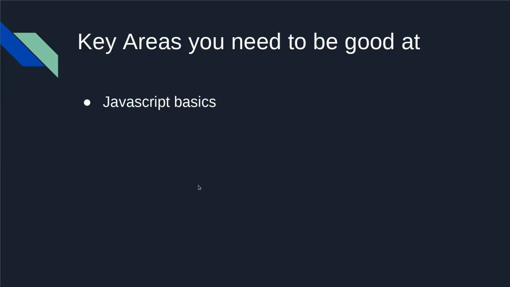So key areas that you need to be good at when you're starting on JavaScript, like you want to build front-end applications, or not even front-end applications, considering you may even handle backend using JavaScript. So number one thing, you need to understand JavaScript basics. So what do I mean by basics? You need to understand what variables are, the types that are available there.